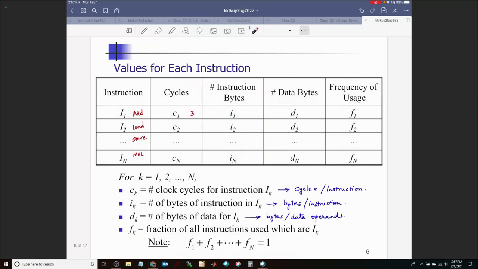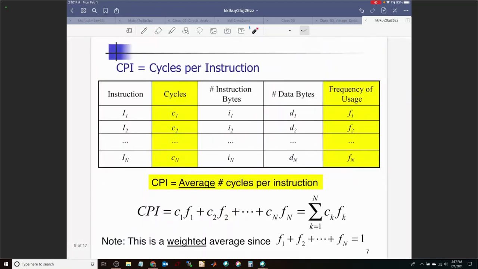Now with this, let us try to calculate CPI. CPI is a very important parameter that we are going to look at in order to talk about the performance of a computer. Clock cycles per instruction, CPI. And this is an average metric, right? So CPI is the average number of cycles per instruction.